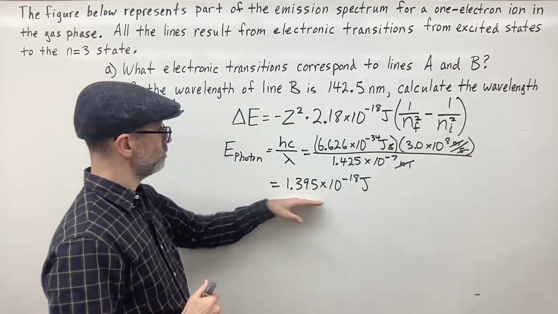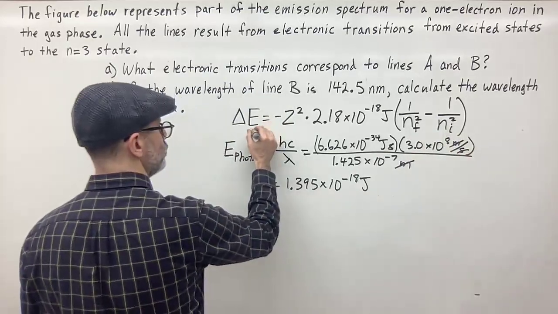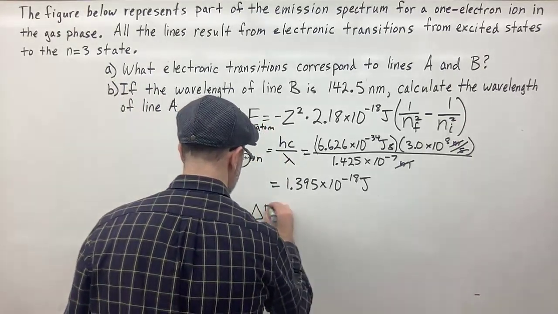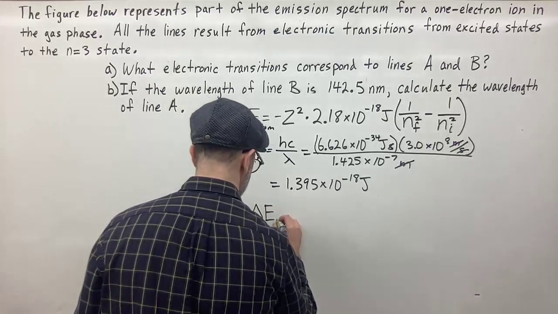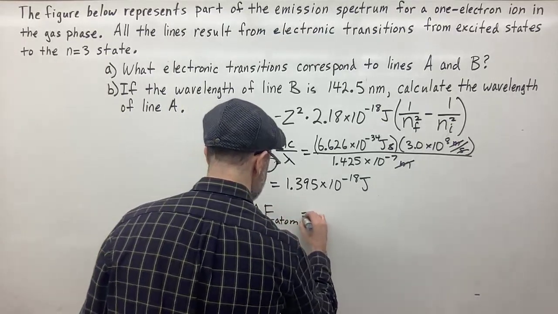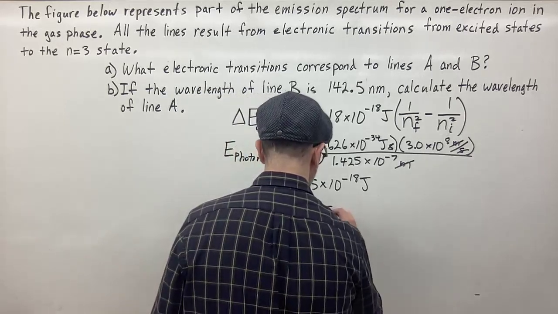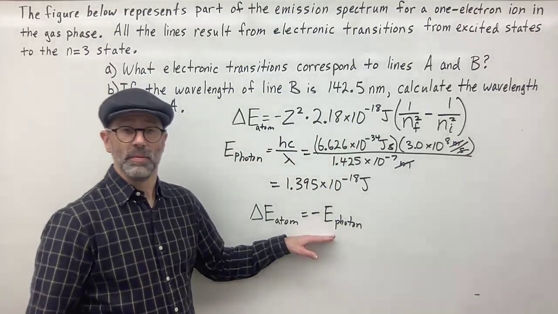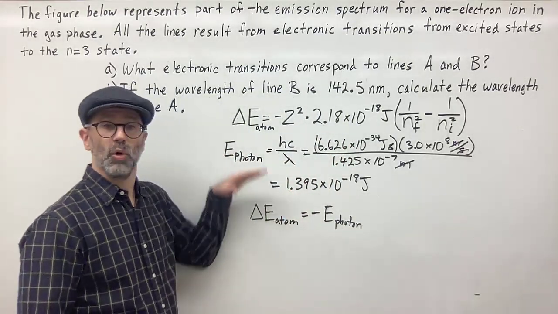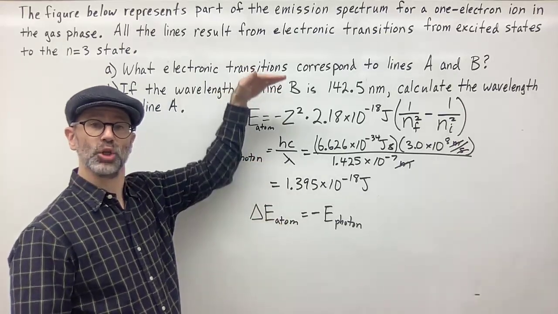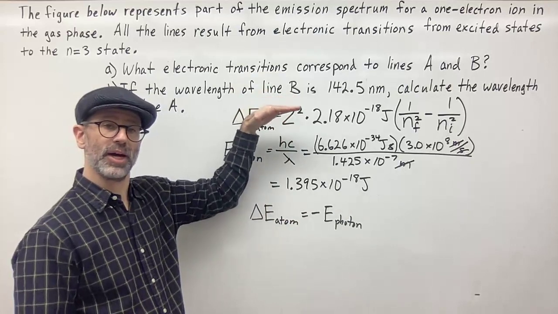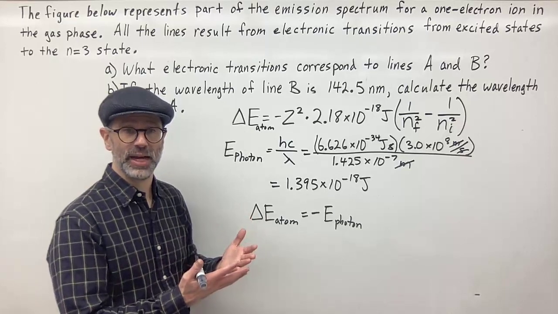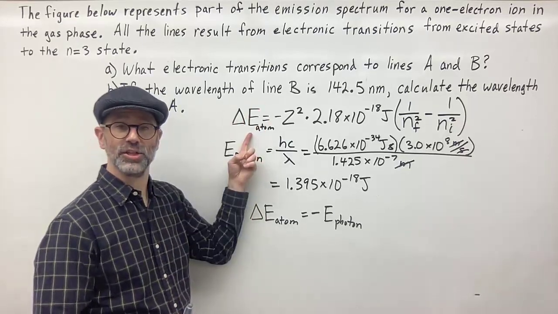Now remember, this is the change in energy of the atom. Now the change in energy of the atom is equal to negative the energy of the photon, right? Because the electron is losing energy when it goes from a higher energy level to a lower energy level. So the loss of energy is represented by the negative sign in the change in the energy of the atom.